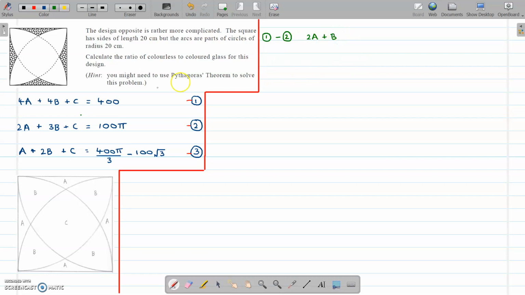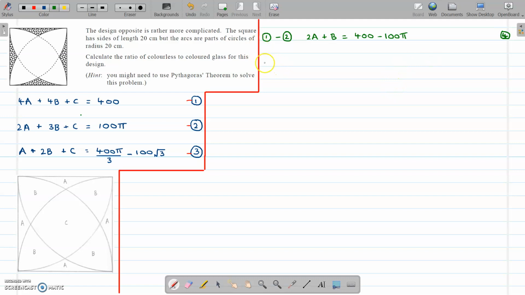And we get c take away c is 0, so the c has gone. And on the right hand side we've got 400 take away 100 pi. I'm going to call that equation 4.